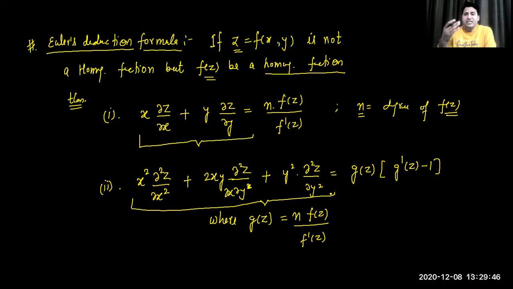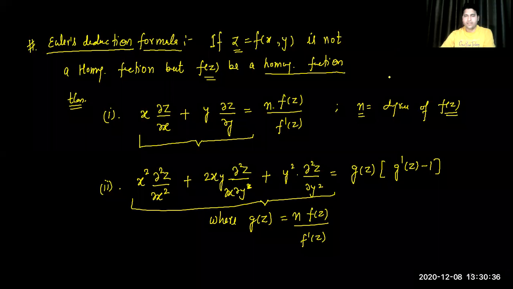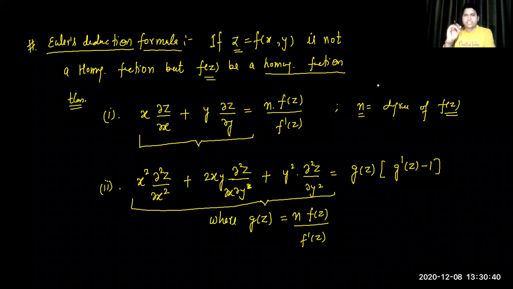If the function is non-homogeneous but it can be made homogeneous, try to understand the difference. The difference is what, students? Euler's formula is applicable for a homogeneous function, but the deduction formula is applicable when the function is not homogeneous but can be converted into homogeneous.